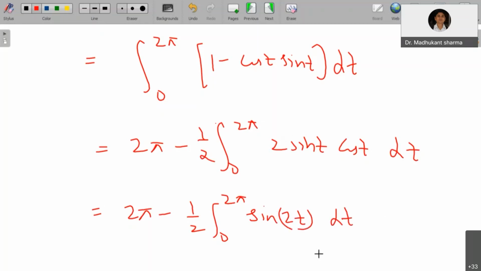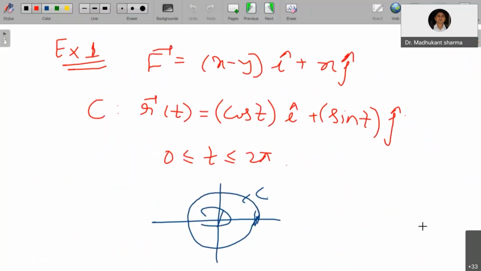If you integrate, you get upper limit minus lower limit, and because sine is a periodic function over the interval 0 to 2 pi, or you can do one more step and prove that this value of the integral is 0. So that is equals to 2 pi. This verifies Green's theorem. Similarly, the normal form also you can verify. That will give you the verification of Green's theorem.